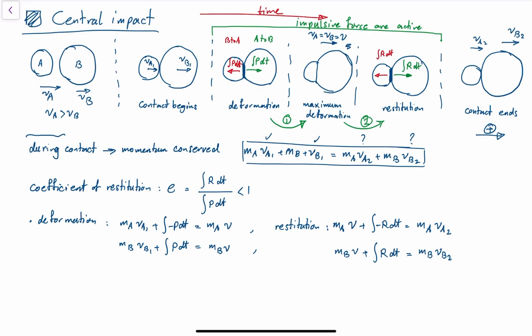And now we have a whole bunch of equations, and with some manipulation, you can finally write e. You have to eliminate these impulses.